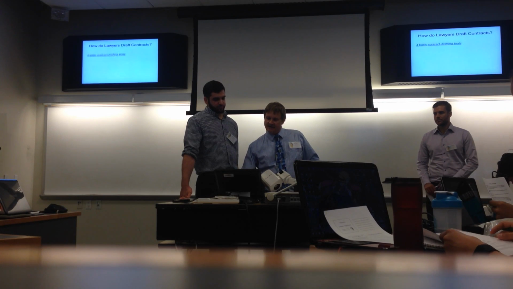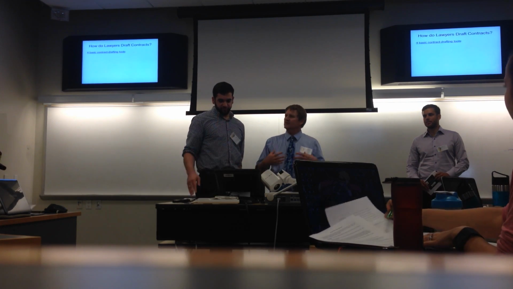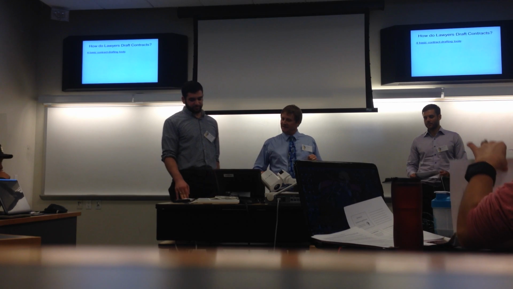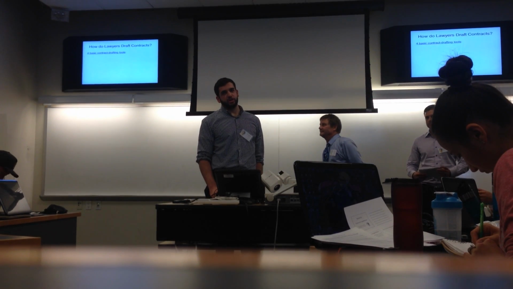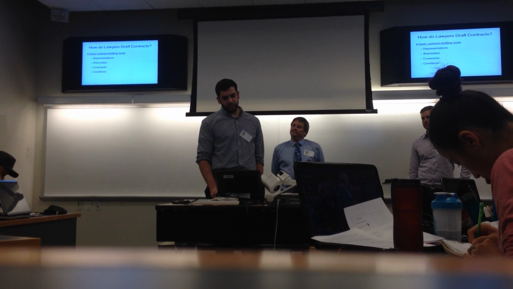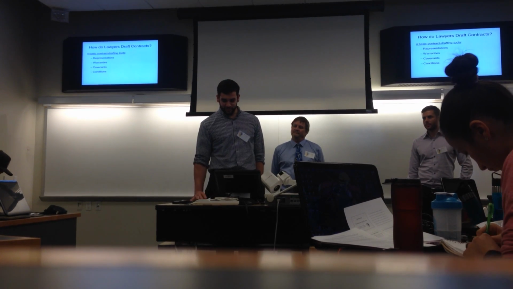The second thing was these contract drafting tools, sort of language that we need to have. The four things that we try to use when drafting contracts are representations, warranties, covenants, and conditions.